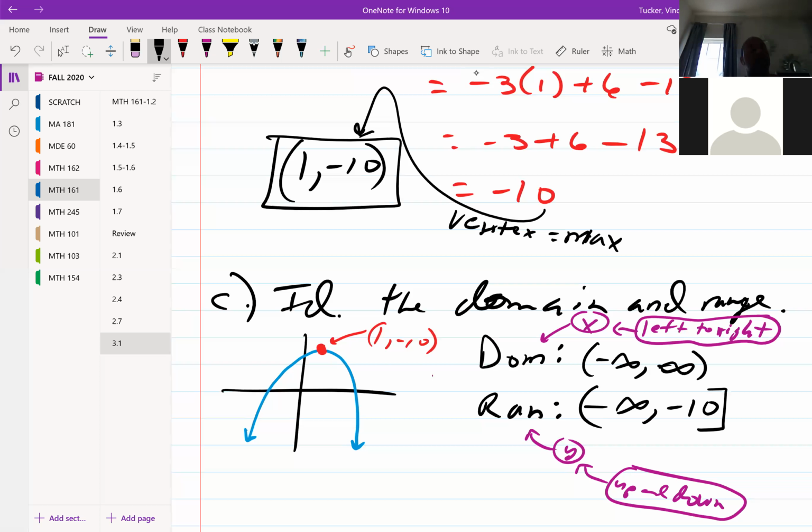And then it goes up to -10. And -10, you will use a bracket on it because it is a part of your range. And that would be it. So your range will be determined by your vertex, whether it's a max or min.